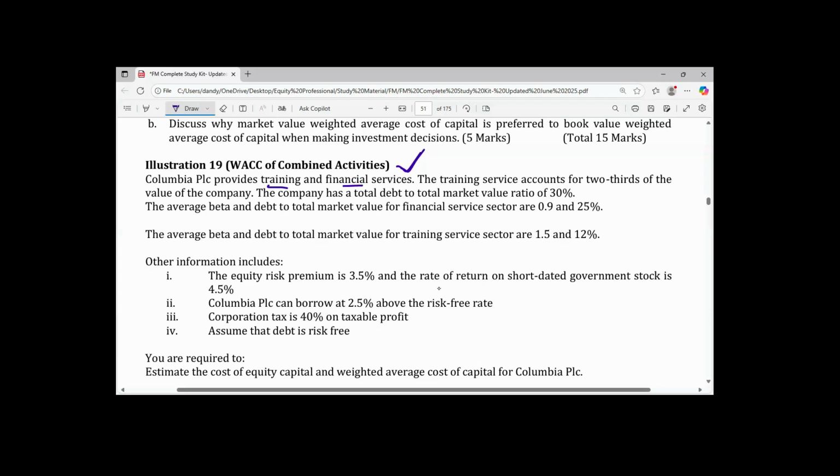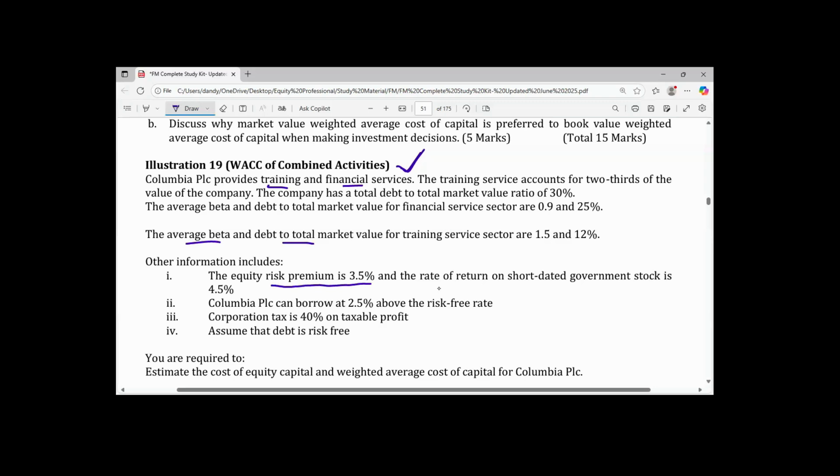The average beta and debt to total market value for the training service sector are 1.5 and 12%. Other information includes: 1. The equity risk premium is 3.5% and the rate of return on short-dated government stock is 4.5%.